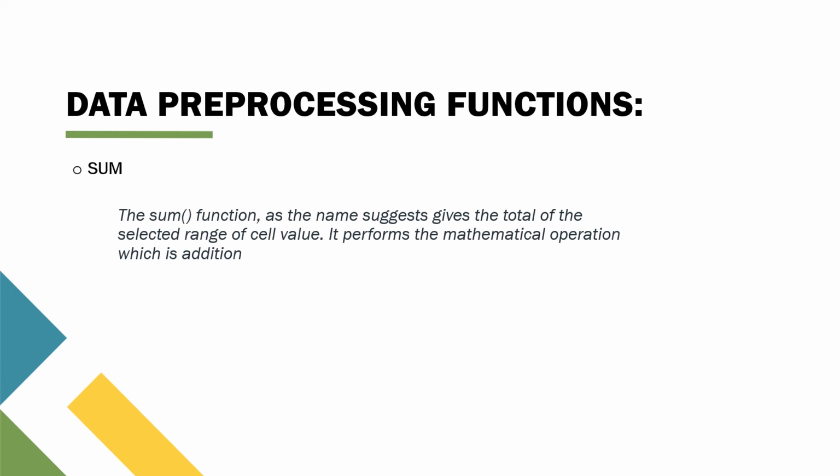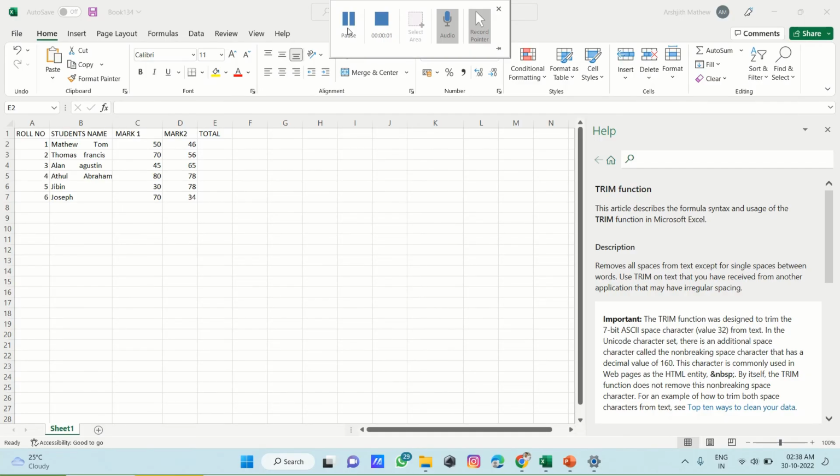Sum function. The sum function, as the name suggests, gives the total of a selected range of cell values. It performs the mathematical operation, which is addition. Now let's look at an example. Here we can add the marks of the students, mark 1 and mark 2, to get the total.